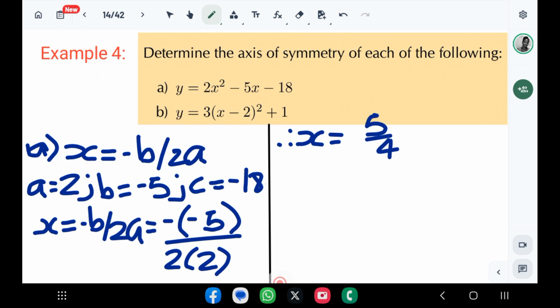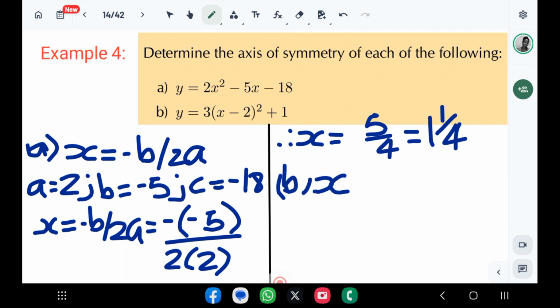That's your axis of symmetry. 5 over 4 is 2 1/4. No, it's 1 1/4. 4 goes into 5 once and leaves 1 over 4. So that's 1 1/4.